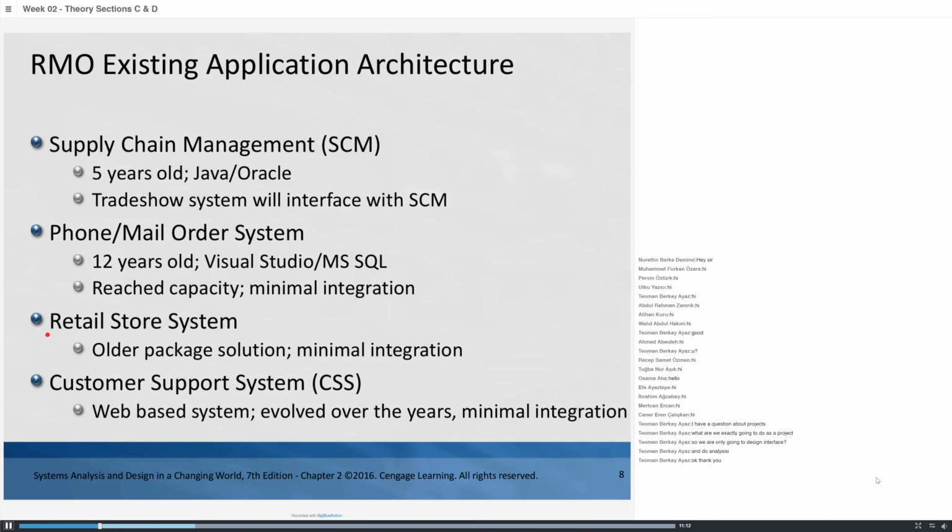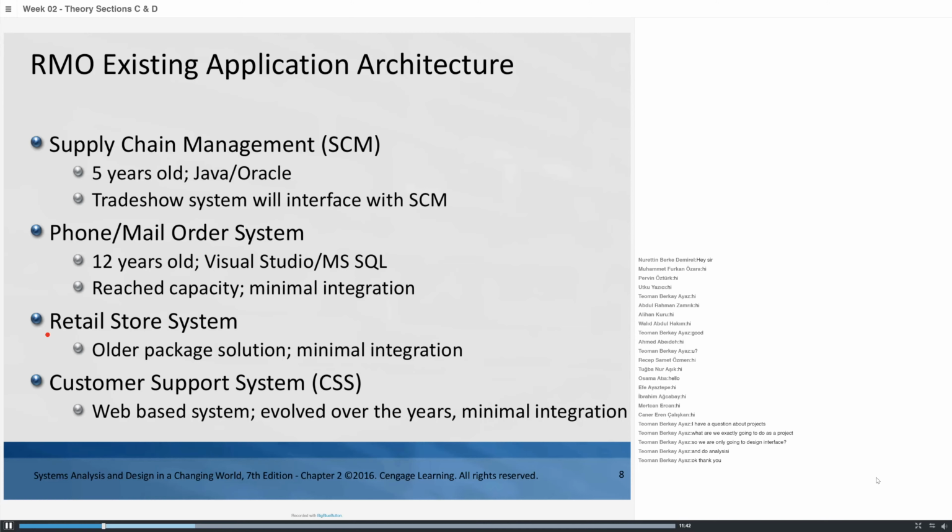And the third one is the retail store system. This package comes with point of sale processing. It was upgraded 8 years ago, but it also requires some effort, and ultimately a customer support system.